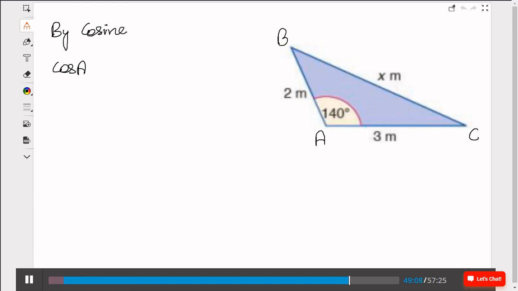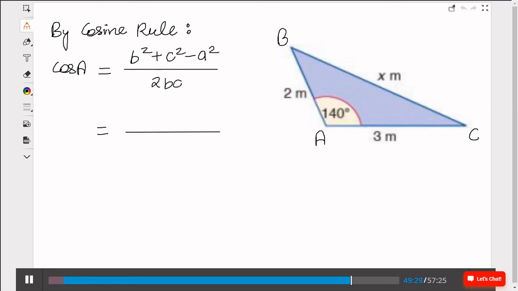This is B, this is A, this is C. 3 squared plus 2 squared. Sometimes we may even come across a quadratic equation in this type of question. We'll see some examples later.